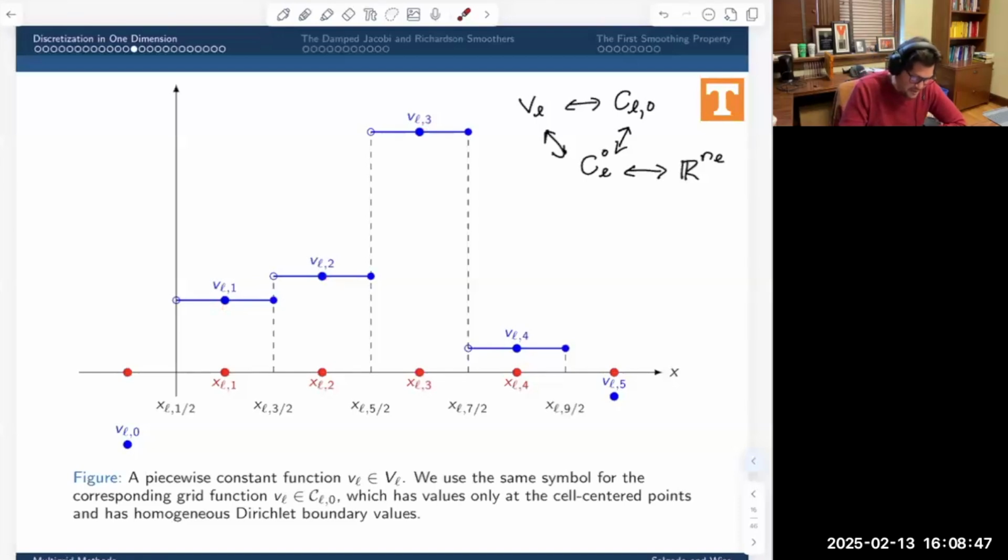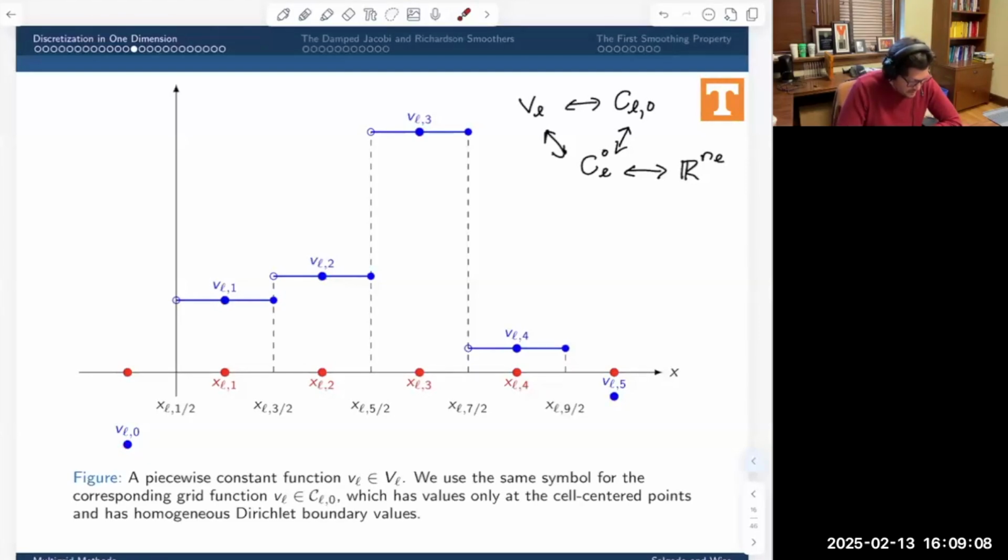This function space, CL0, is a set of cell-centered grid points which has homogeneous Dirichlet boundary conditions. That's what the comma 0 means. So that's a function which looks like this: 1, 2, 3, 4 interior points, but it also has these values at these ghost cells.